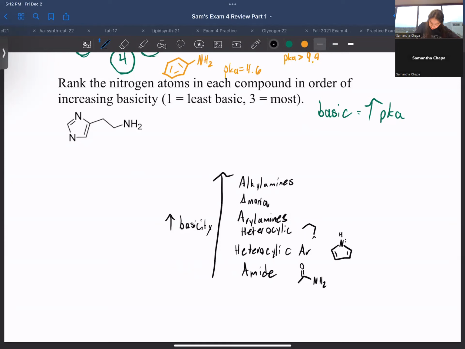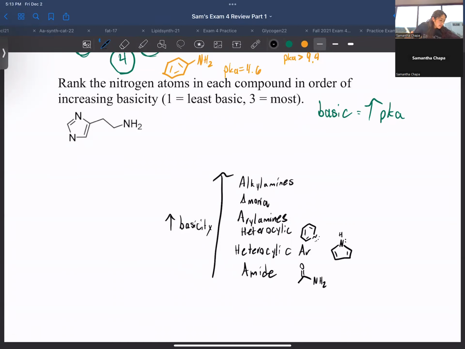This one is aromatic without using any of the lone pairs on my nitrogen. So if this grabs onto a proton, it won't break aromaticity and we're good. So it's more basic than something that has aromaticity.